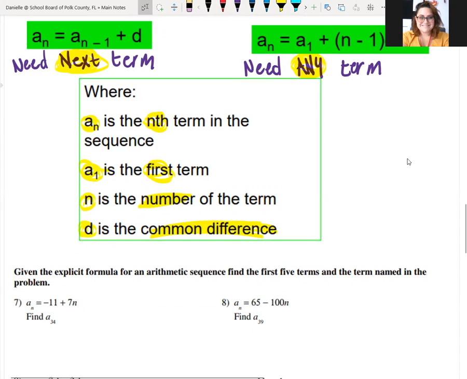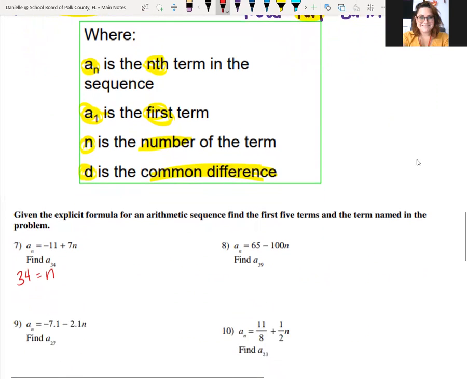Now we are looking for a sub 34. They gave us an equation, so all I need to do is say that a sub 34 equals, n is the number of the term we're trying to find. It's the 34th term that we want. So for this, I can just take n and substitute in 34. a sub 34 equals negative 11 plus 7 times 34.